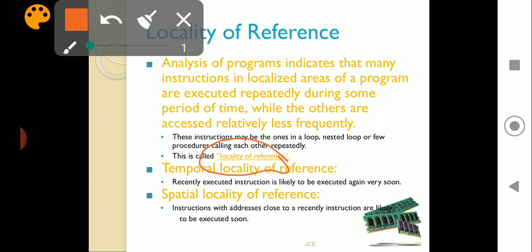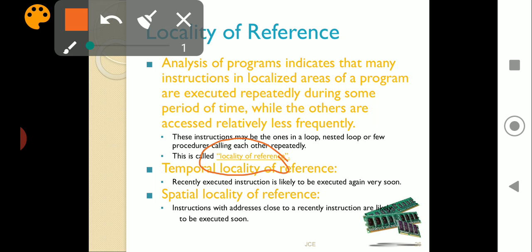The meaning is that many instructions will be placed in a local area of the program which would be executed repeatedly. That means the instructions which we are executing repeatedly will be kept in the local area, and the program which is less frequently accessed will be kept in some other area.